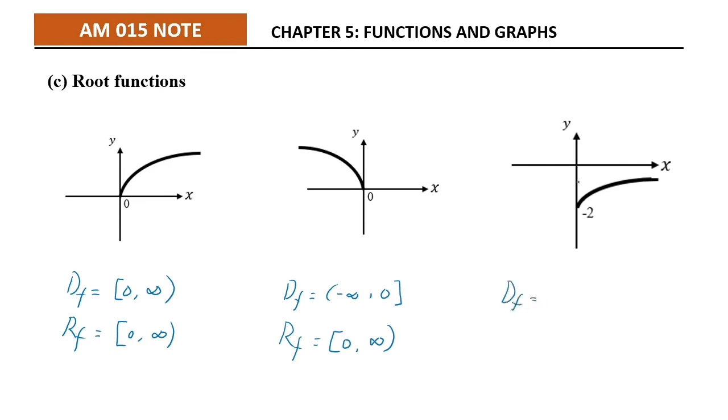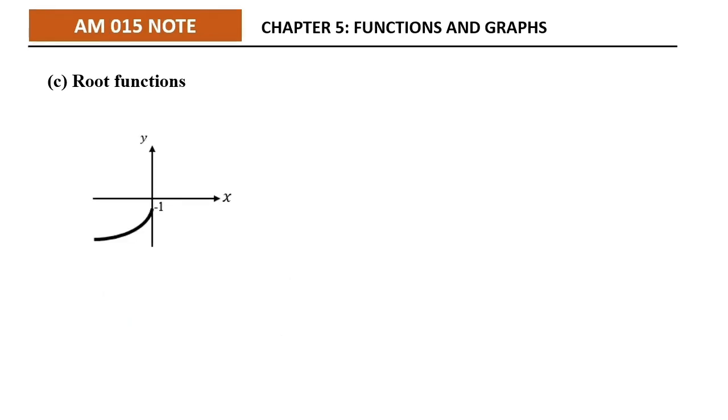And then next example, domain, the leftmost value for this graph is 0 here, meaning 0 and to the right, so positive infinity. Range is from the lowest point negative 2 and above, so infinity. Next example, domain from negative infinity to 0.